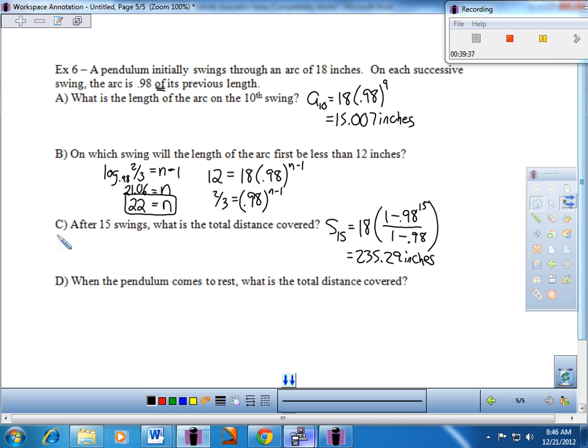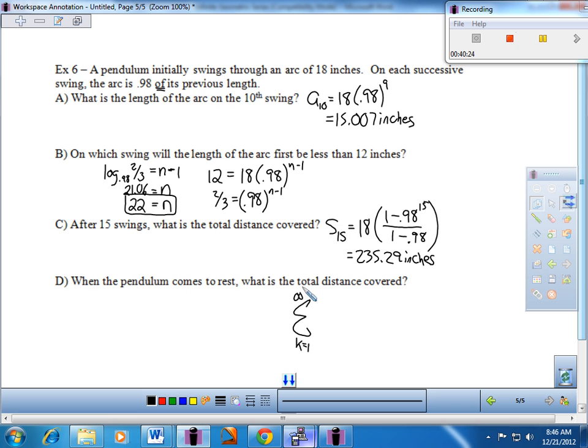Now this is sort of interesting because you can argue if it's always going to be 0.98 of the previous one, will it ever officially come to perfect rest? Well, no, but is it going to get infinitely close to the rest position? Yes. And so in this case, we're going to add up an infinite number of values together, essentially seeing what happens as n approaches infinity.